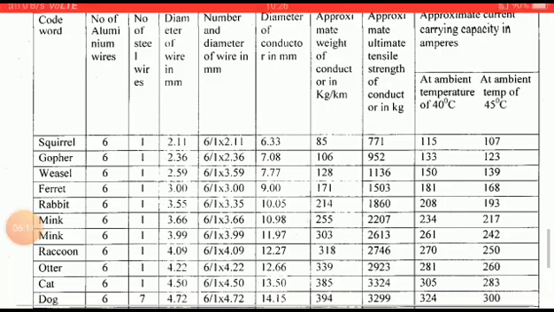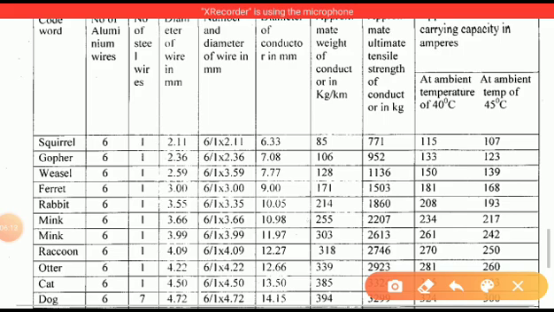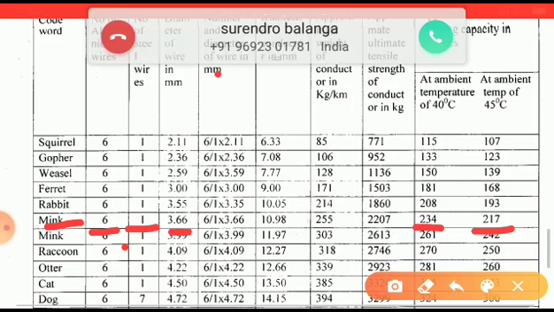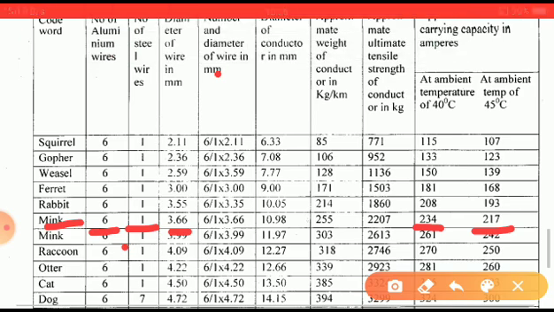In this case our requirement lies between 234 and 217. In this figure we are getting 6 aluminum and 1 steel, and the diameter of the wire is 3.66 mm. This is the diameter of the conductor which we are considering here.